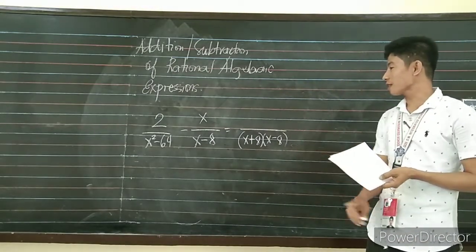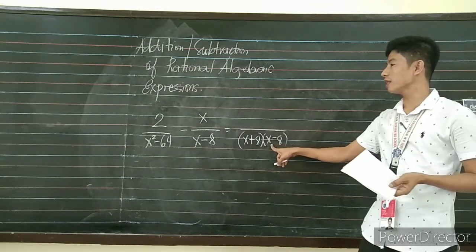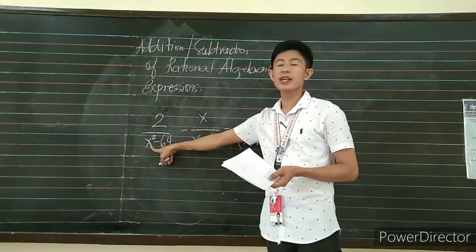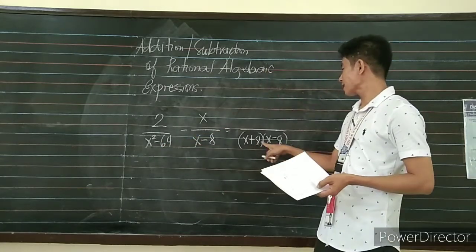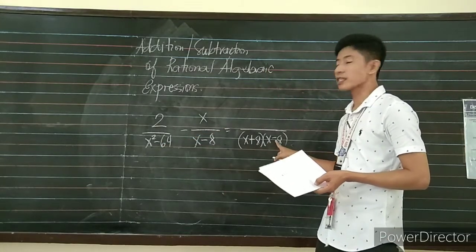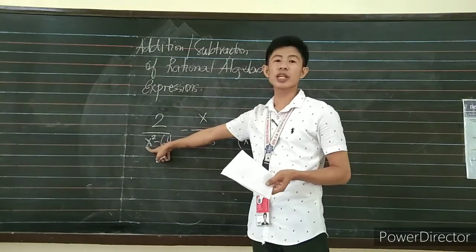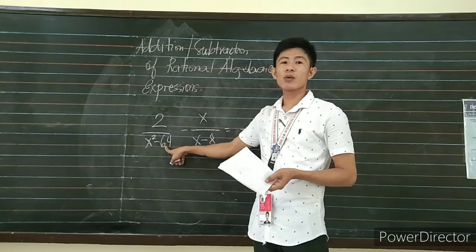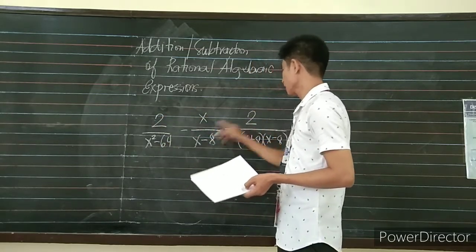Okay, next is to divide this LCD by the denominator of the first fraction. The quantity x plus 8 times the quantity x minus 8 divided by the denominator x squared minus 64 is 1. 1 times 2 is 2.